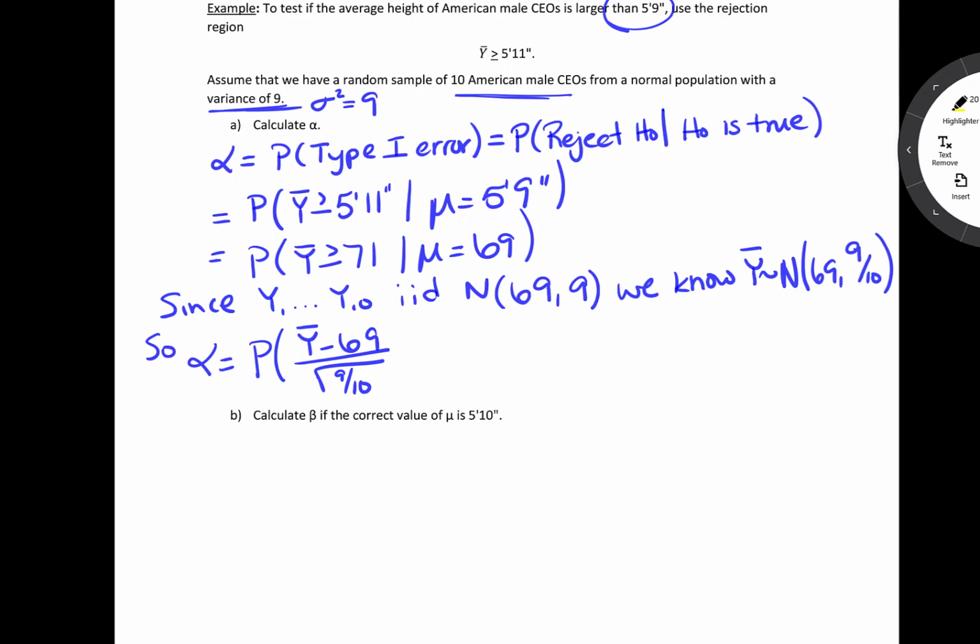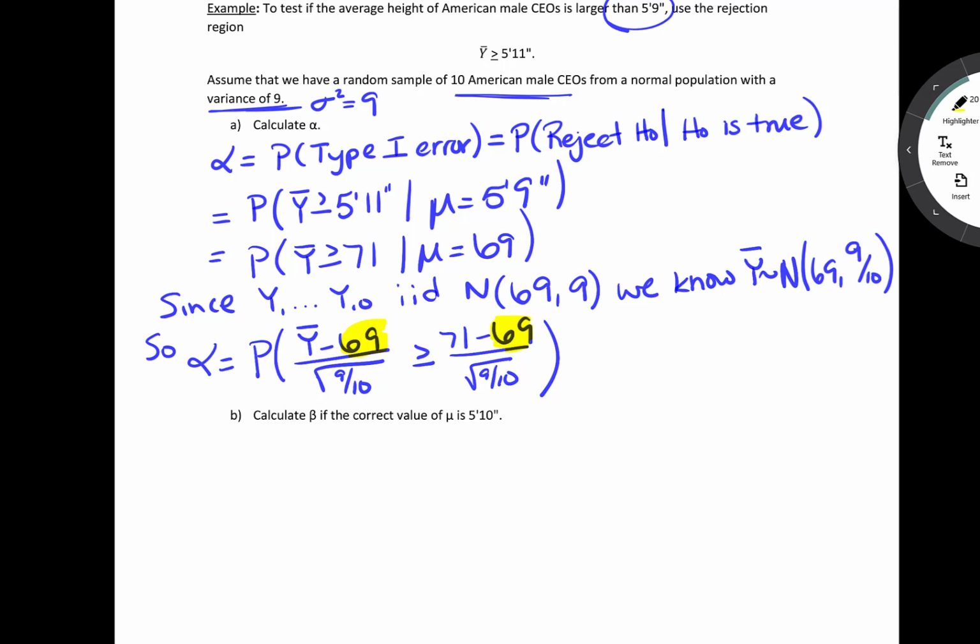So in other words, I'm standardizing y bar, and anything I do on one side of the inequality, I have to do on the other one. And then the other thing I'm going to do is drop that condition. And the reason for that is I've conditioned on mu being equal to 69, but notice that I have now incorporated that into the probability.